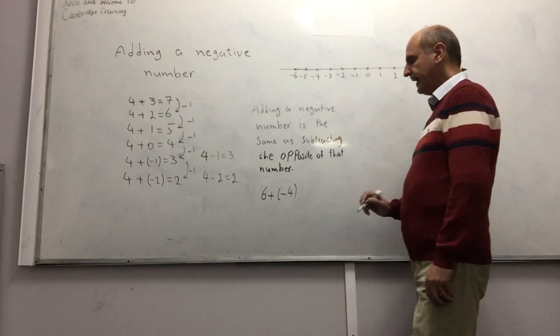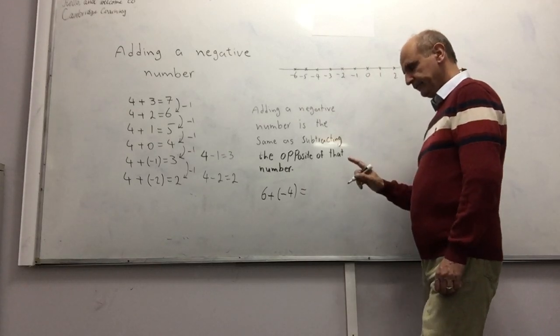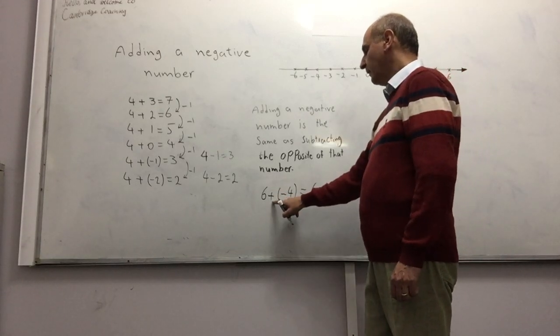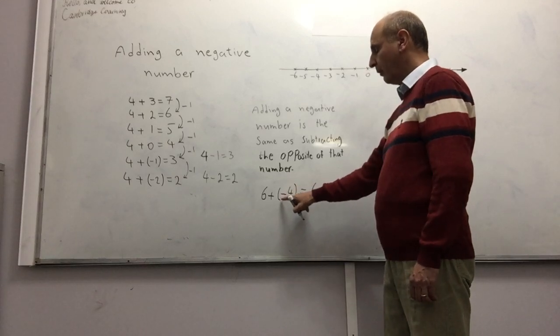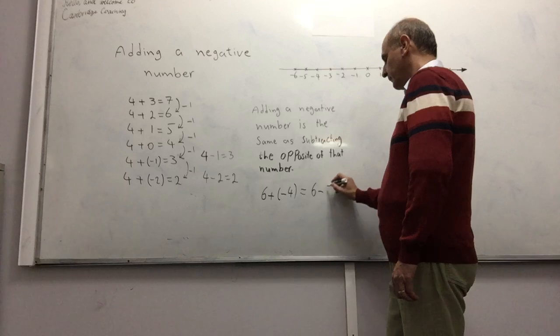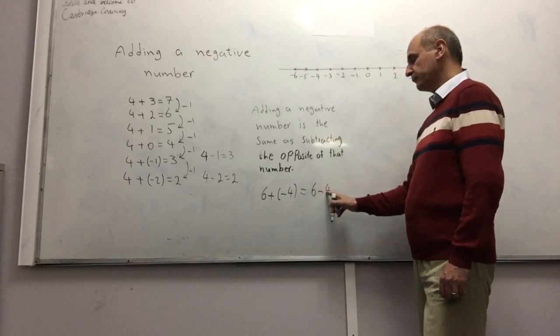Rather than doing that, I would have got the same result if I started from 6, but I subtracted the opposite of minus 4. The opposite of minus 4 is 4. So I subtract the opposite of minus 4, which is 4, and get 2.